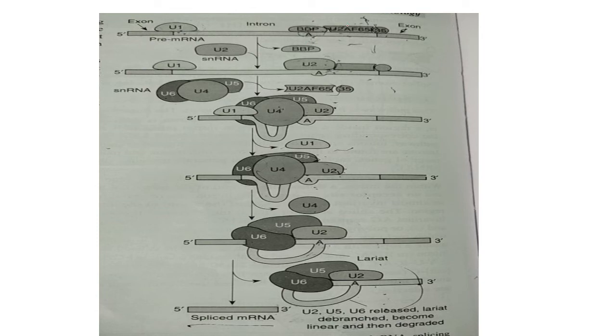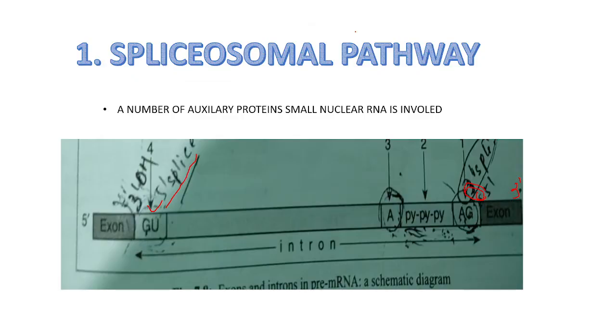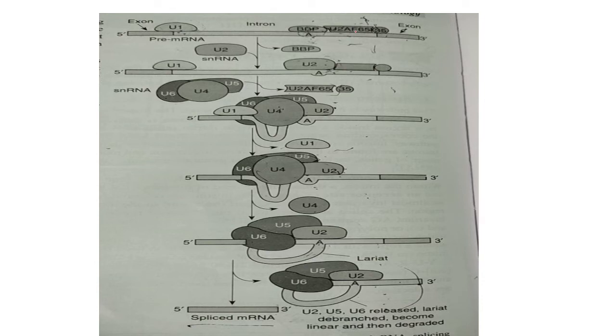And then U2AF1 and U2AF2 will come and bind. U2AF1 will bind to the 3 prime splice site, and U2AF2 will bind to the polypyrimidine site. That's why this figure needs to be understood properly, so that you can understand this complex.